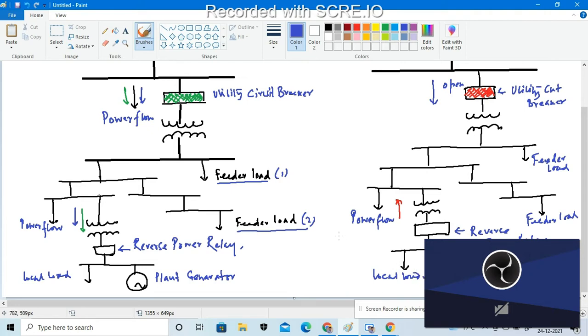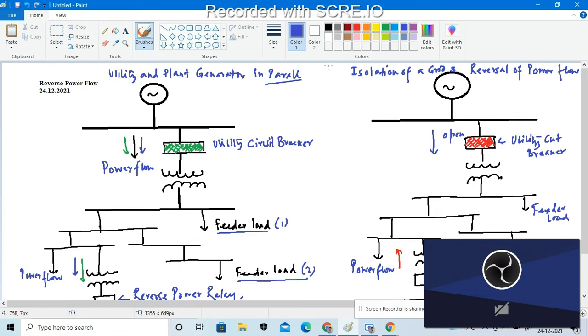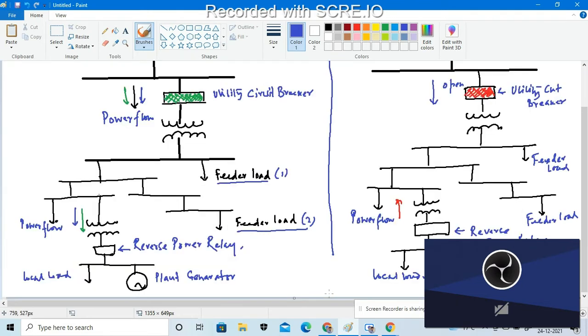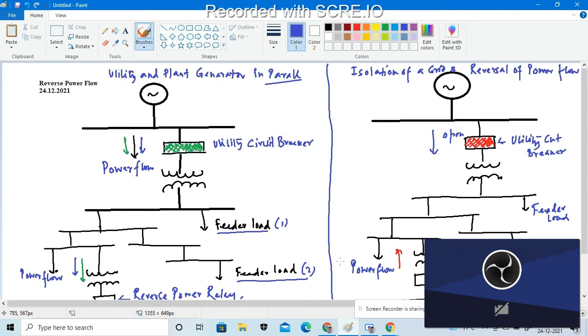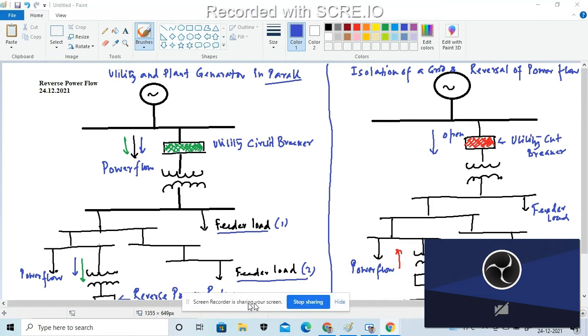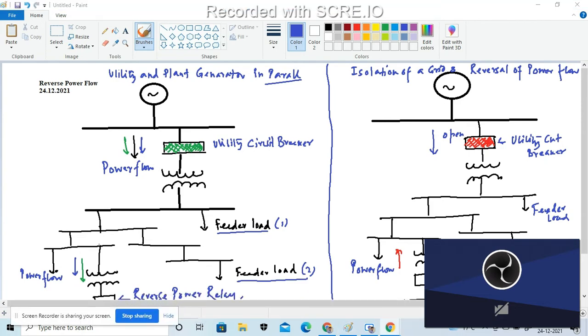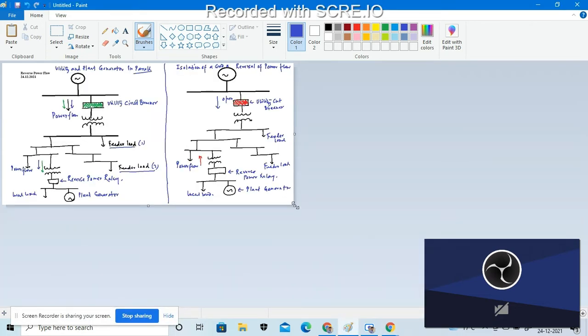So these are my two figures. Okay, so there must be some difference between the two figures. So what are the differences, that is what we will discuss today.